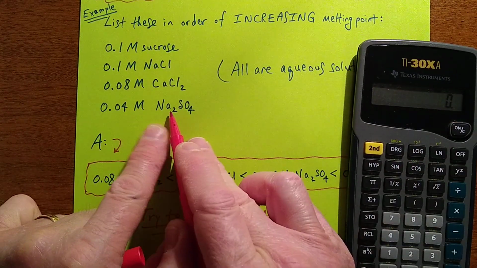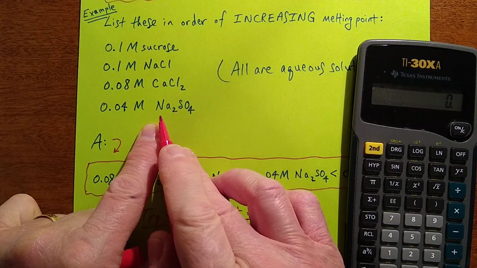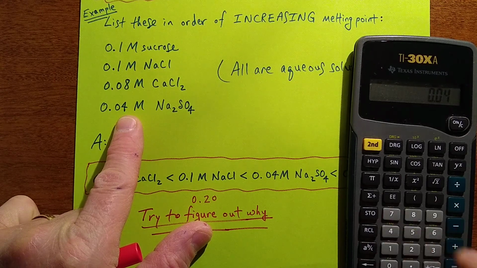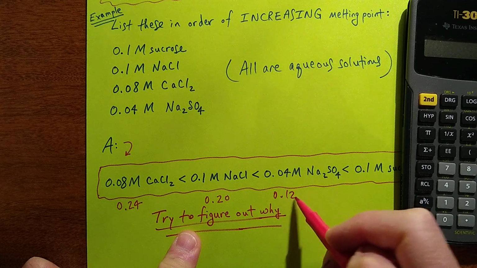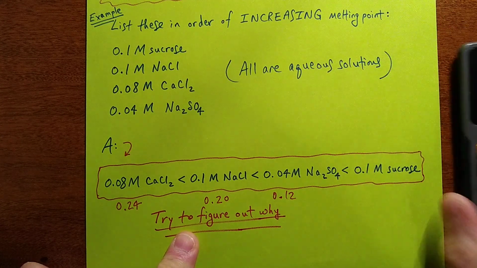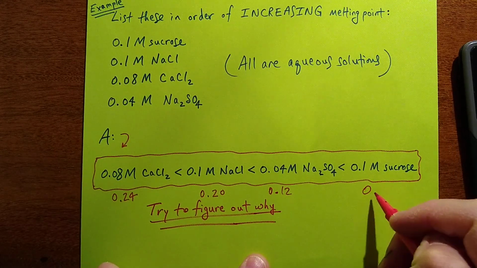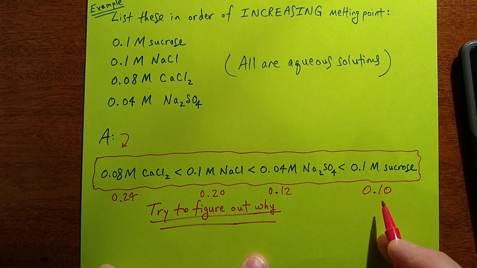When that ionizes, it makes 2 sodiums and 1 sulfate, so that's a total of 3 particles. 3 times 0.04 is 0.12. And this one is sucrose. While sucrose is a molecular compound, it does not ionize, so you just get 0.10 moles of particles.